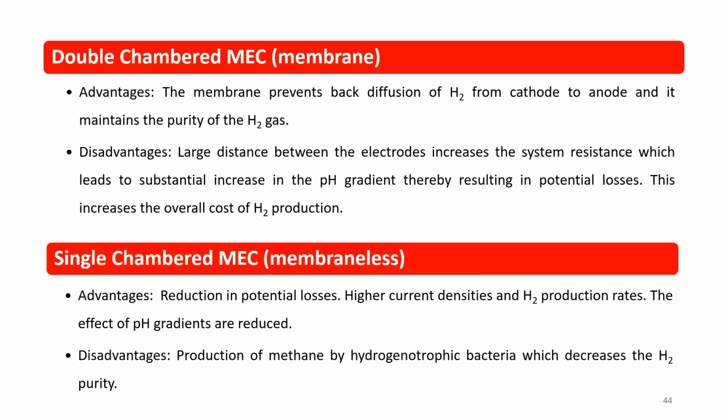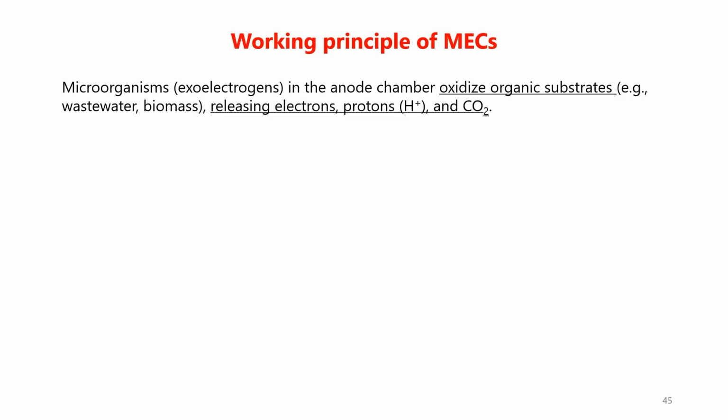In the case of single chambered MECs, which are membraneless, we have advantages like the reduction in potential losses, higher current densities, faster hydrogen production rates, and the effect of pH gradients is also reduced. However, it has certain disadvantages, like the production of methane by hydrogenotrophic bacteria, which decreases the hydrogen purity.